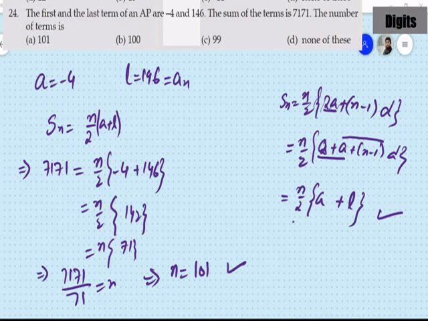It implies n is equal to 7171 divided by 71, because the 71 will go to the left hand side. Now it will be equal to 71 into 1, further 71 into 0, then 71 into 1, that is 101. Therefore option A is the correct option.